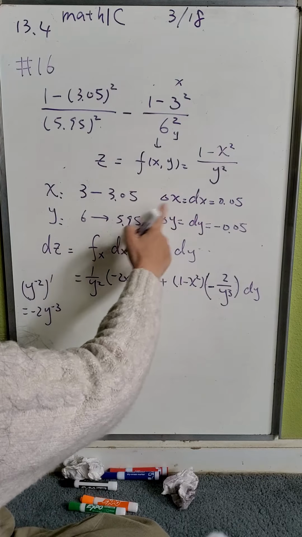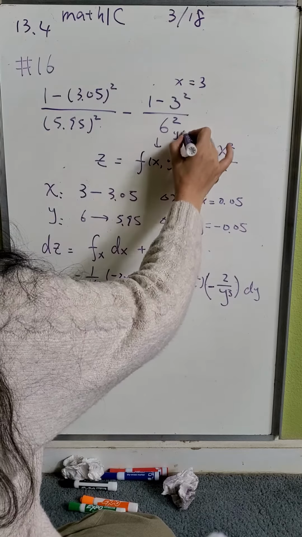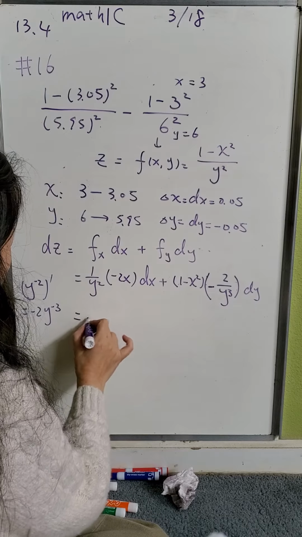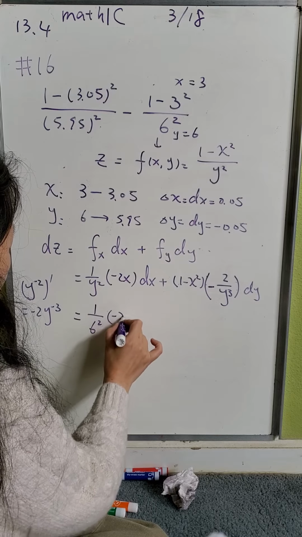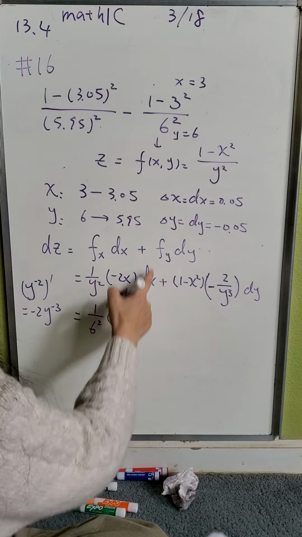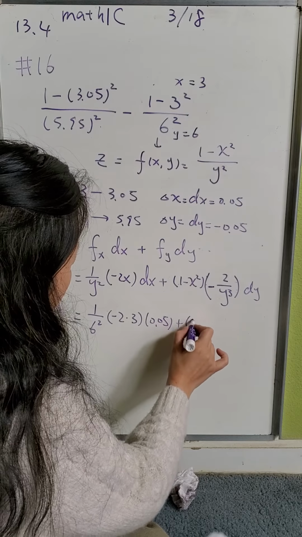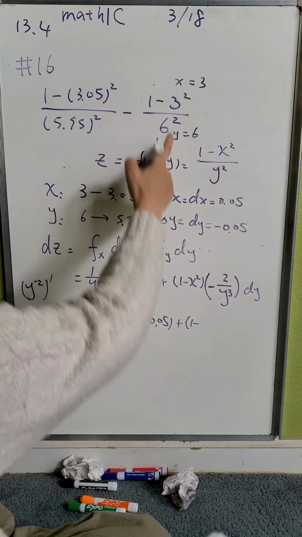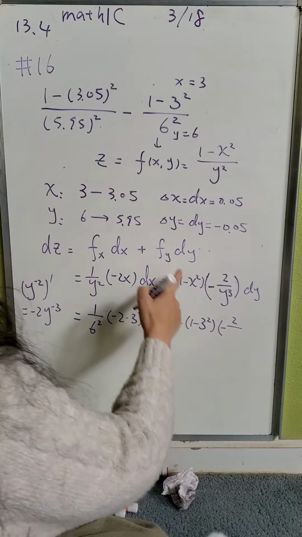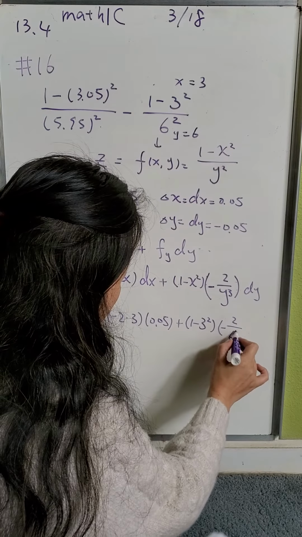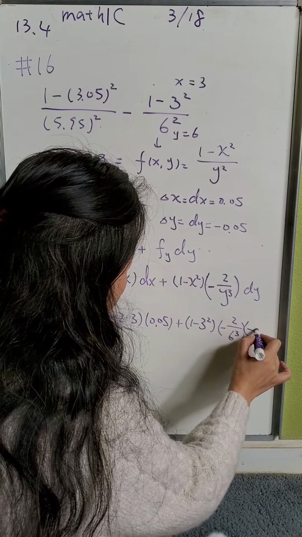Now you just need to substitute the numbers inside, okay? Your x equals 3, your y is equal to 6, so put it all inside here. So y is 6 squared, negative 2 times 3, your dx equal to 0.05, plus 1 minus your x equal to 3 squared, negative 2 over 6 cubed, dy is equal to negative 0.05.